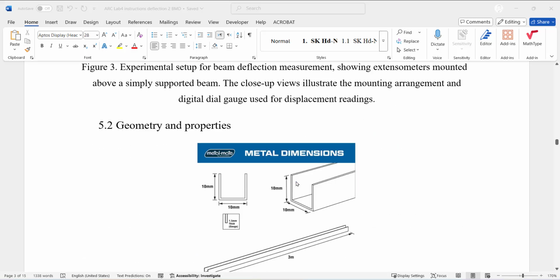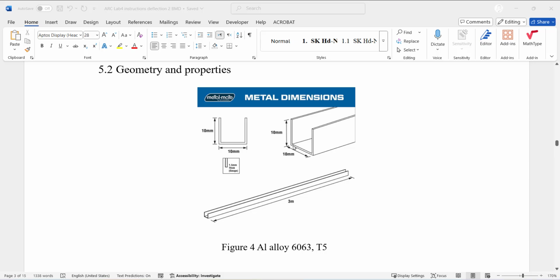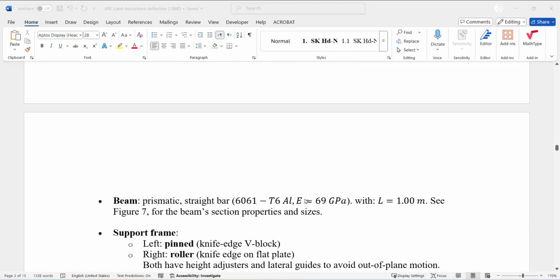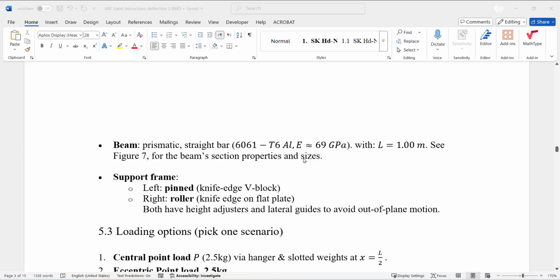Alright, so this is the geometry. You've been provided the geometry. One important calculation you have to do is the free body diagram, find the reactions, and also you find out the second moment of area for that cross section. And these are the material properties: it's made of aluminum 6000 series, and that is heat treated as T6.